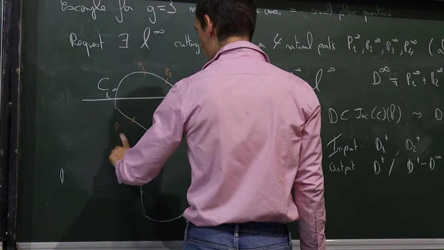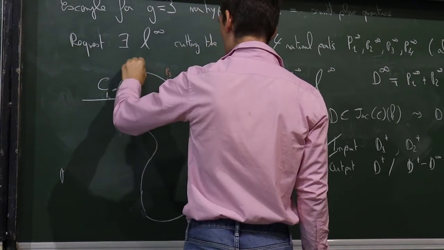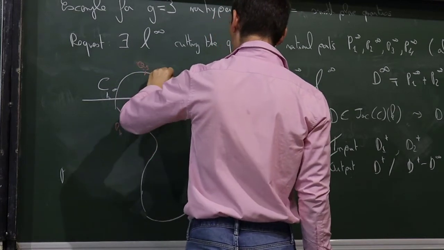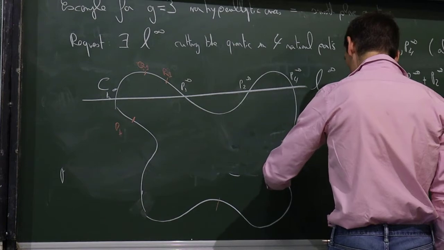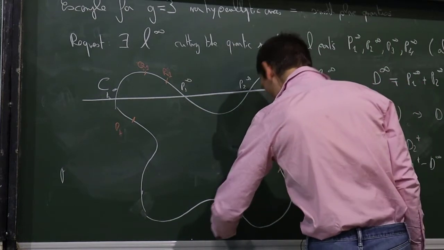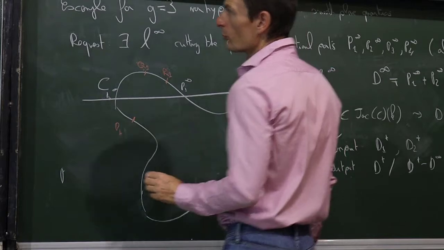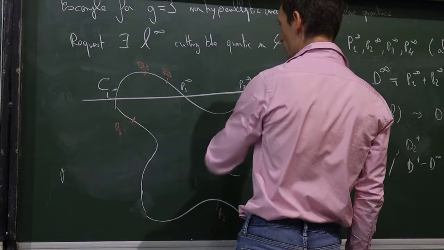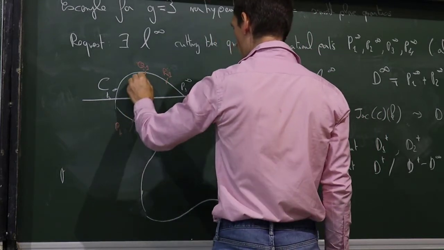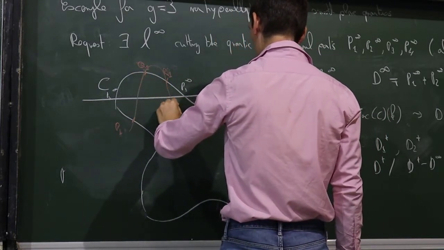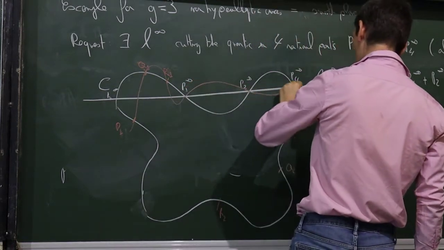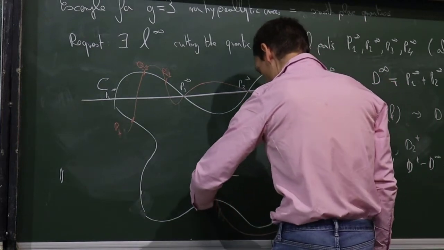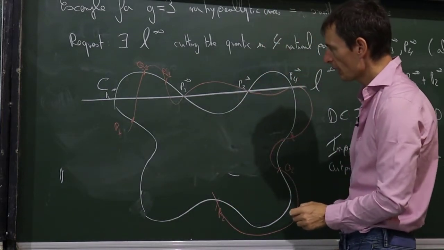So P, Q, R, P1, Q1, R1, and P2, Q2, R2. And then I go through the points also P1 infinity, P2 infinity, and P4 infinity. So something like this. Okay, so it starts like this.